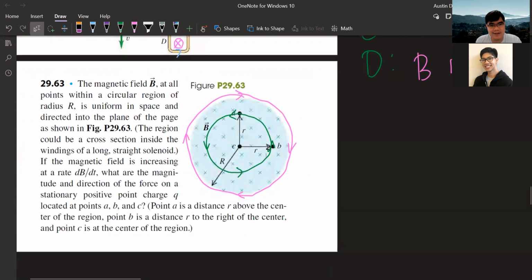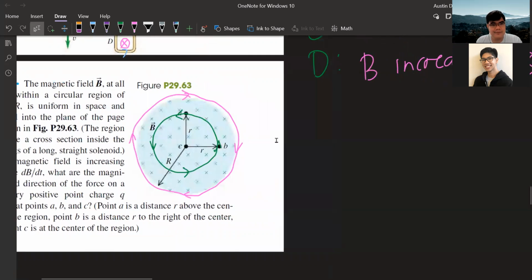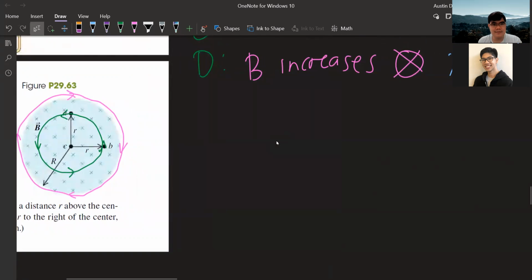So when you change kapag may wire ka, you increase the current, you change the current, you produce a magnetic field that is circulating around. Tama ba? So changing the currents means changing the electric field.